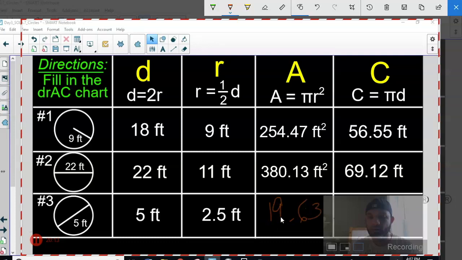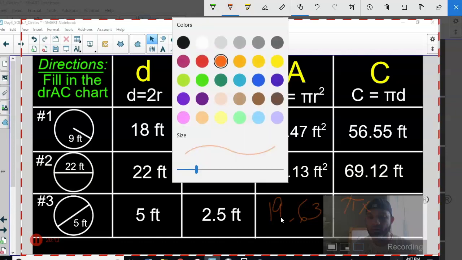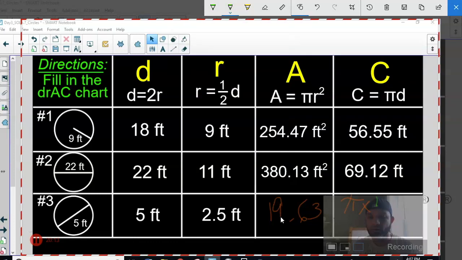19.63. And then the last one, circumference is pi times the diameter. Well, what's the diameter? The diameter is 5. Pi times 5. So we go to our calculator here.